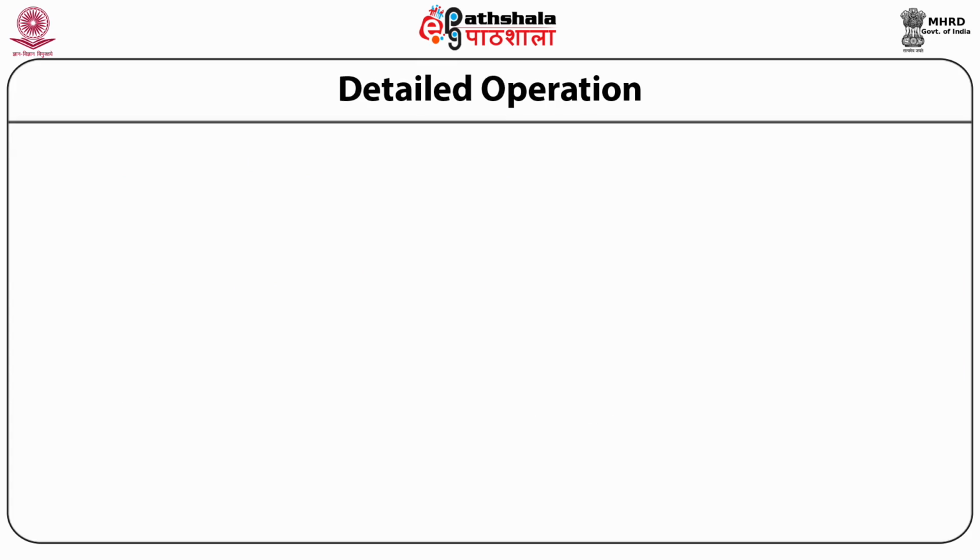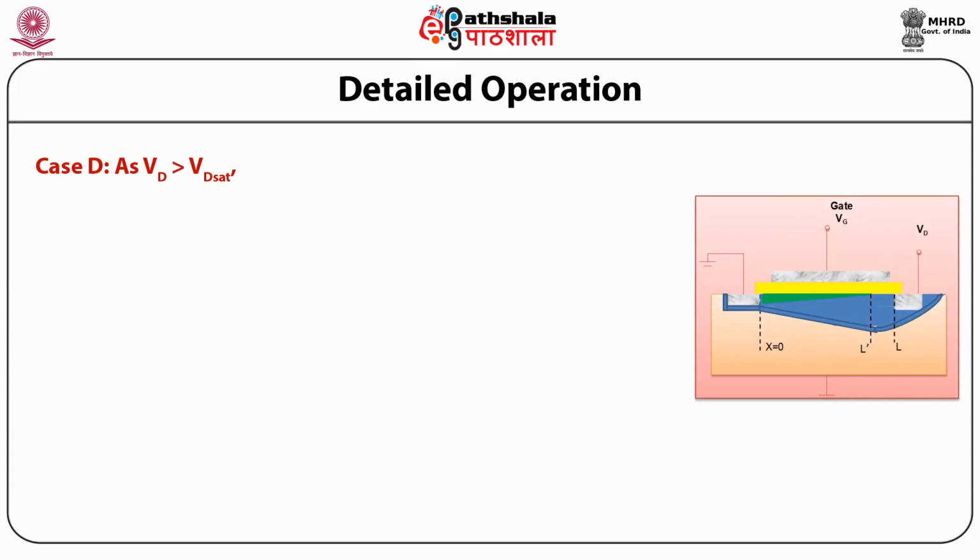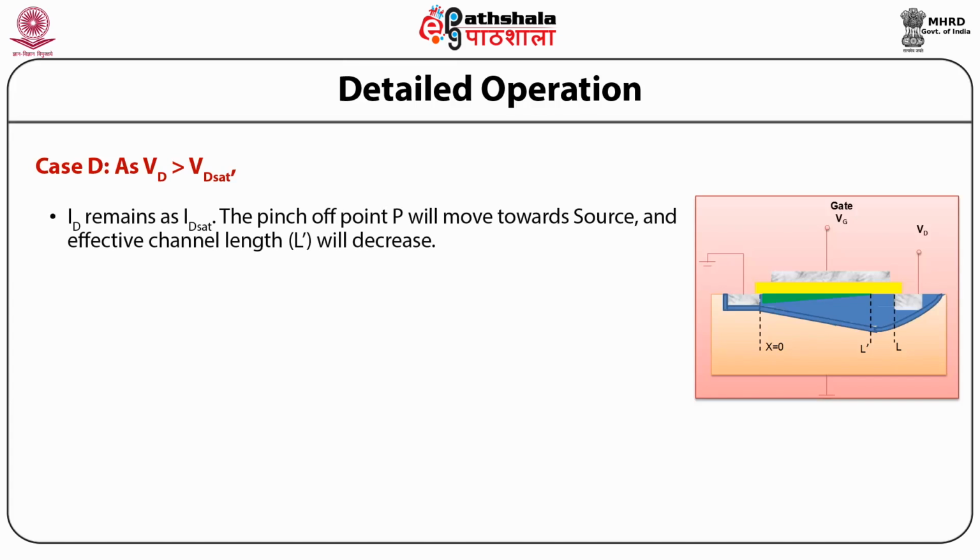So the ID will then saturate to a constant value, ID saturation, at VD equal to VD saturation. Let us now discuss the last case, that is VD is increased beyond VD saturation. So here ID remains as ID saturation, and the pinch off point P will move towards the source, and the effective channel length L prime will decrease, which is clearly evident from the figure.